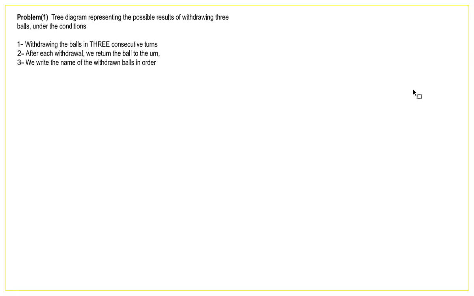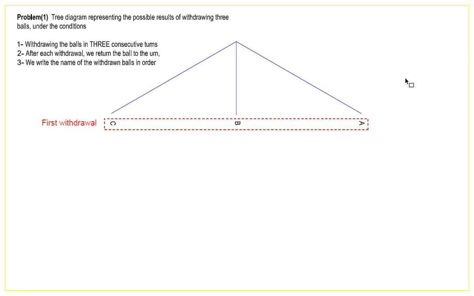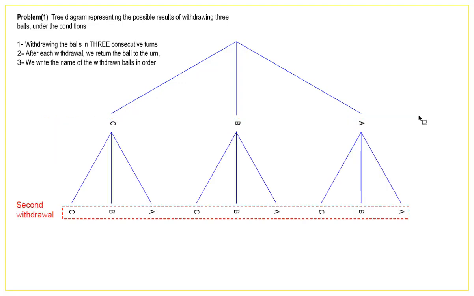For the first withdrawal or first event, we may withdraw object A or B or C. In the second event, let's assume we have withdrawn object A. So we may withdraw object A again, or B or C. Why may we withdraw object A? Because we have returned A to the container again.